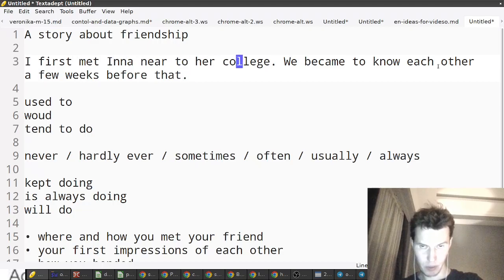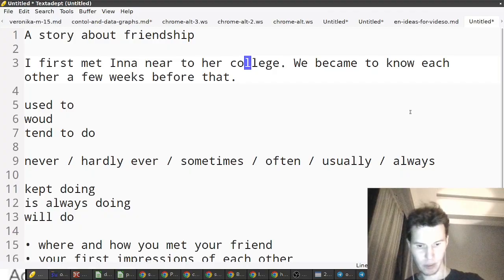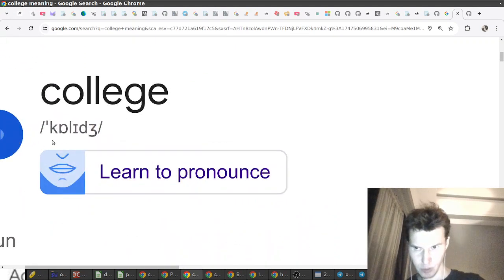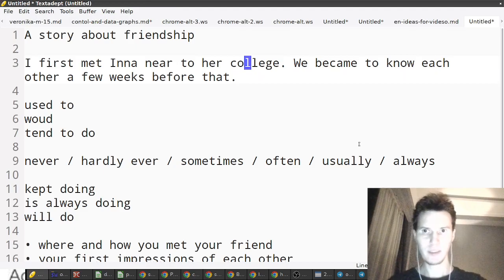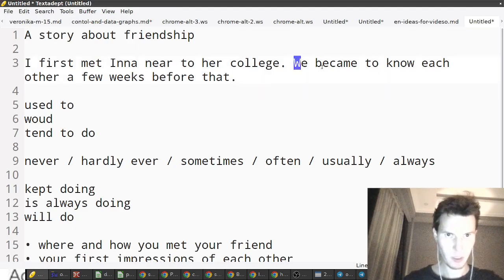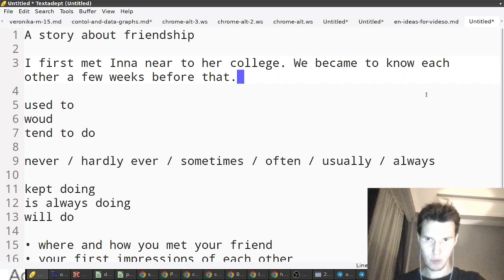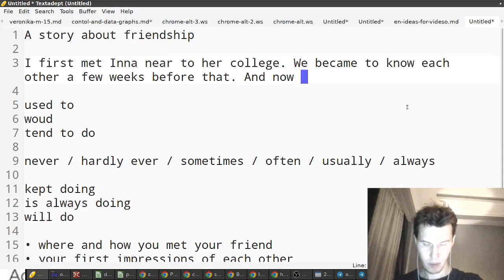I first met her near her college. We became to know each other a few weeks before that. And now we met in person for the first time.